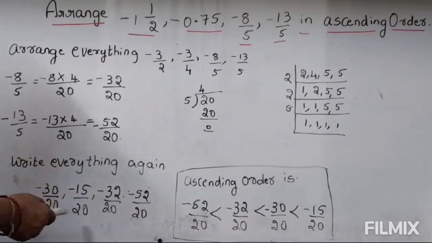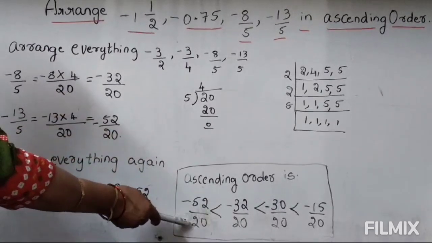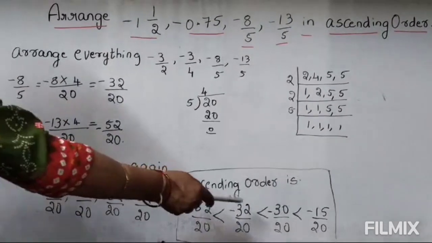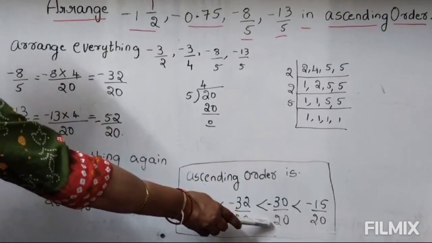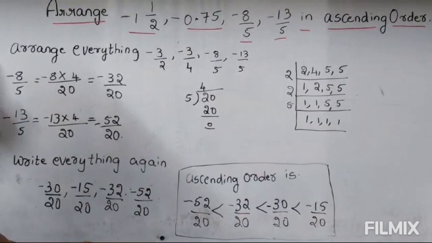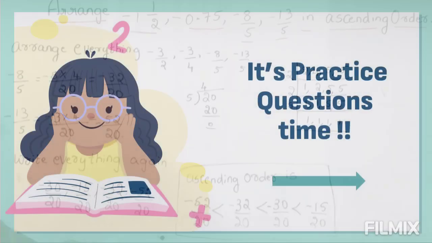Similarly, here also from the lower side, minus 52 by 20 is less than minus 32 by 20, which is less than minus 30 by 20, which is less than minus 15 by 20. So this is how you are going to work out the problem.